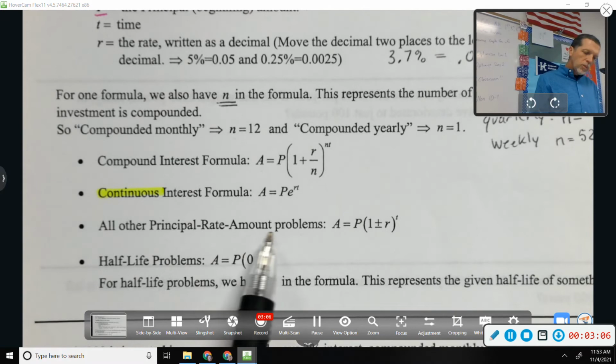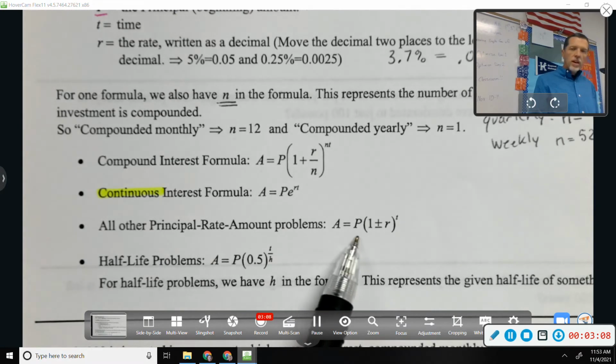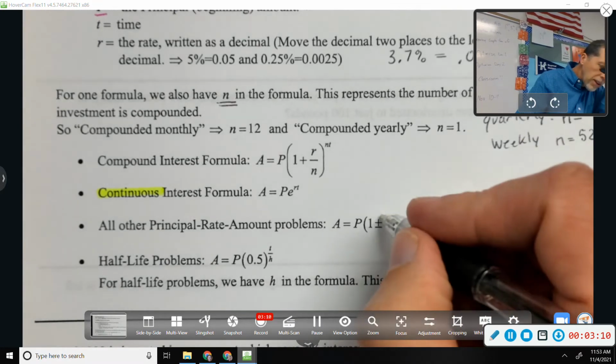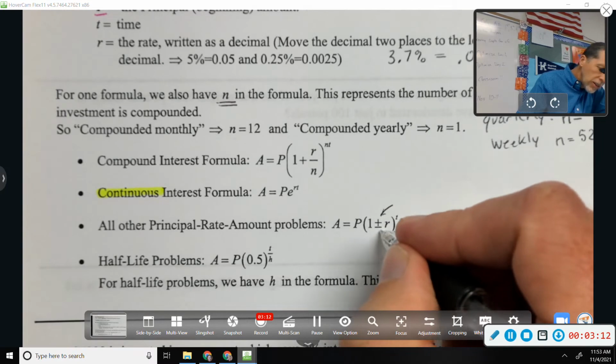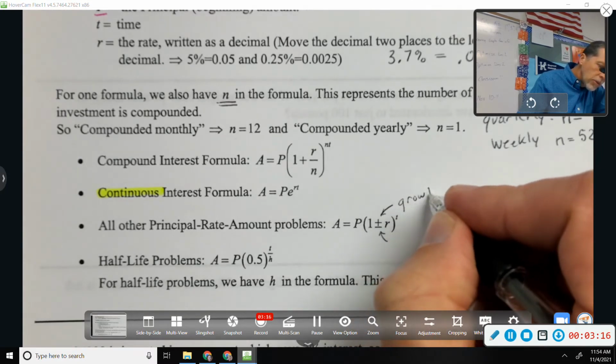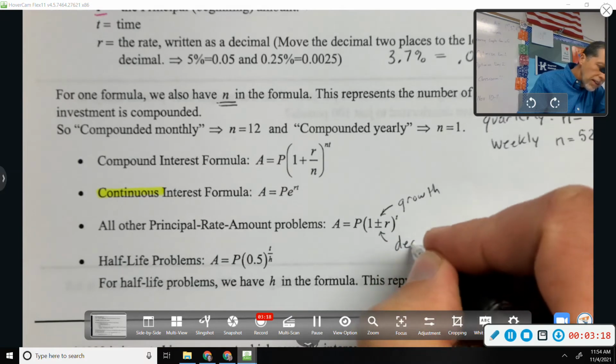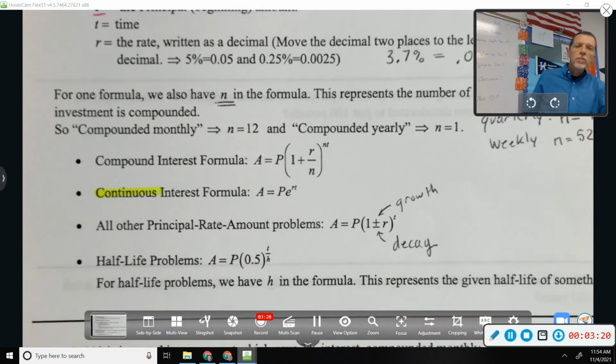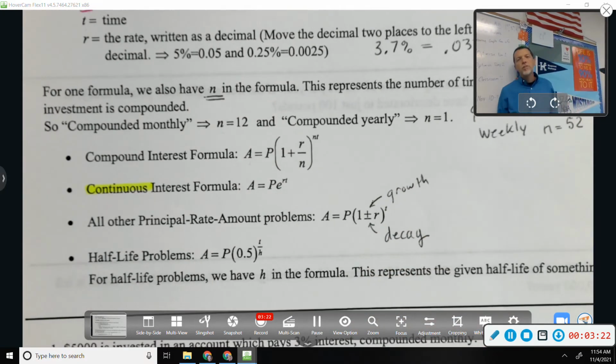All other principal rate amount problems use this formula. It's got a plus and a minus. You don't ever use both, but it's easy to know which one to use because these are growth or decay problems. If it's growth, use the plus. If it's decay, use the minus.